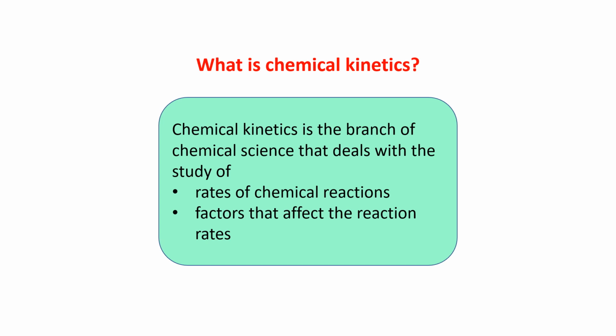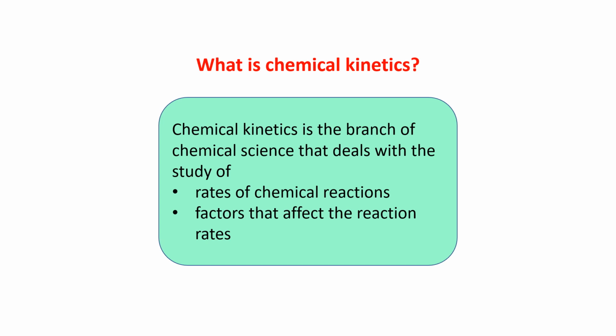Now, all chemical reactions do not occur at the same rate. Some reactions may be very fast, some may be very slow. It can take a month to complete. Suppose rusting of iron: it will take a long time. That means the rate of the reaction is very slow.